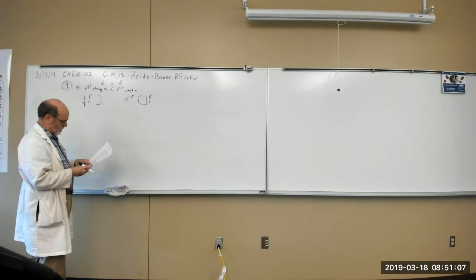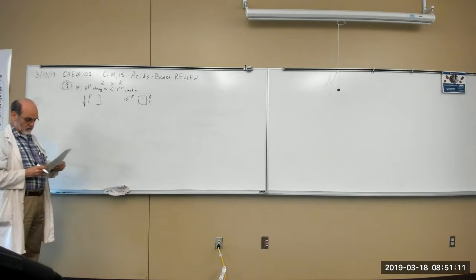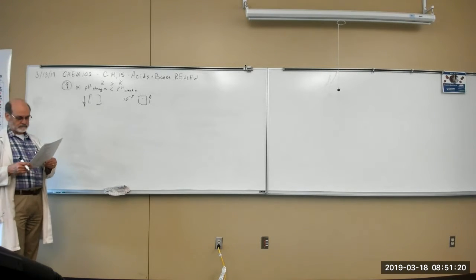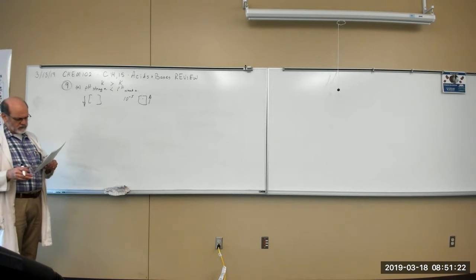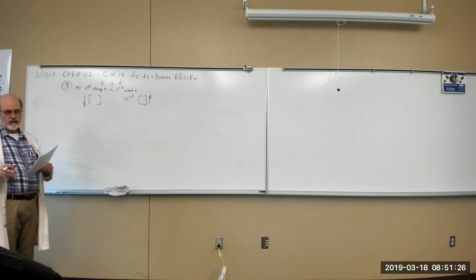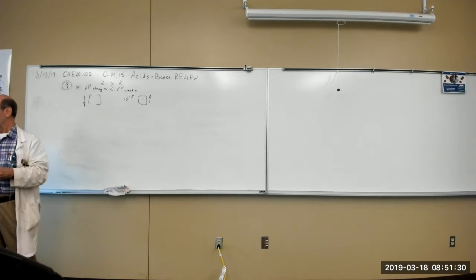The pH of a strong acid is always, no, it's not always lower. The pH of a strong acid actually is usually lower, but it doesn't have to be. But the way the answer is worded, the pH of a strong acid is always lower. No, it's not always lower. It's not always higher either.